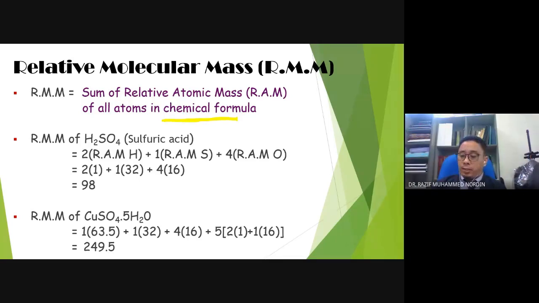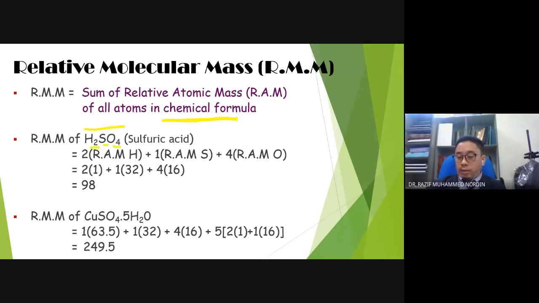For example, sulfuric acid. This is sulfuric acid, H2SO4. That means from the H2SO4 ni, you know that there are two atoms of hydrogen, one atom of sulfur and 4 atoms of oxygen.